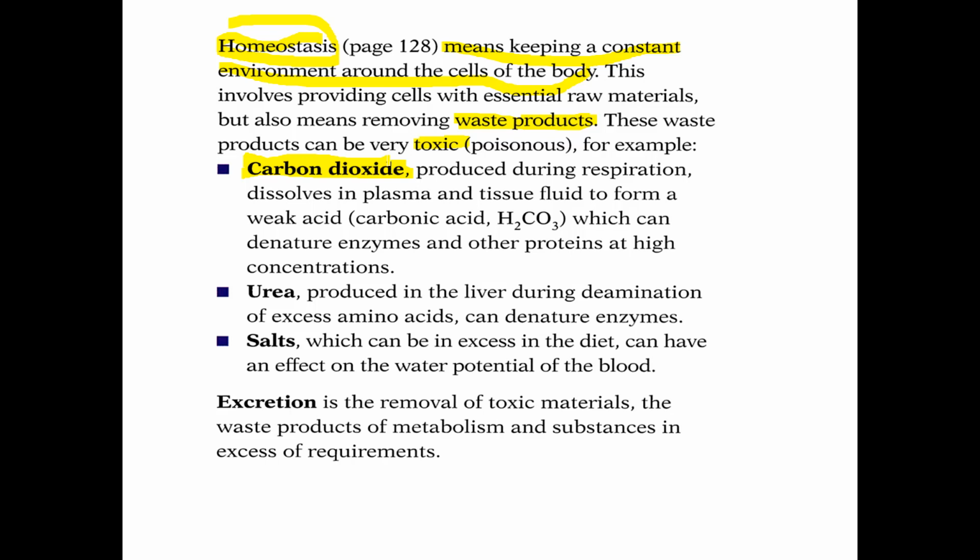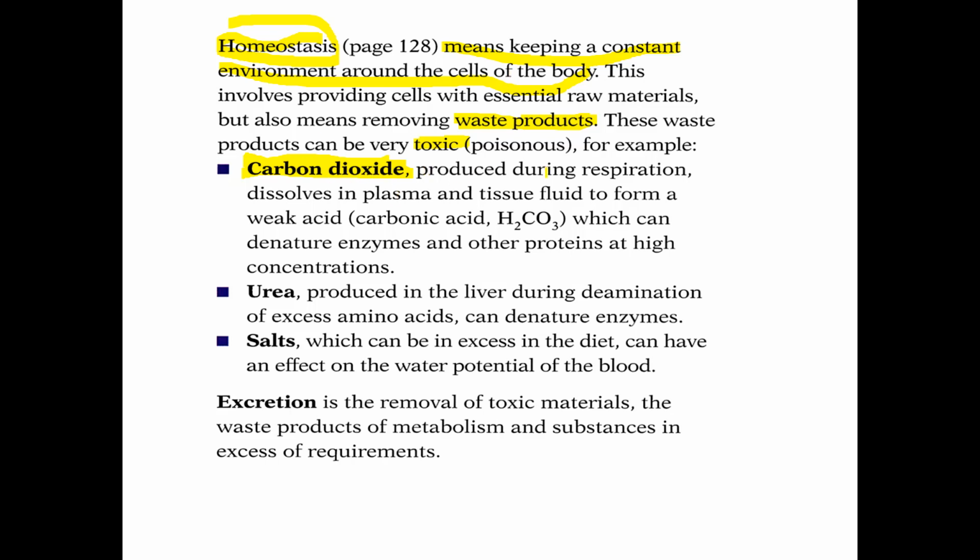All of us know, when we respire, when we breathe, our cells take oxygen, use it, then produce carbon dioxide. So here, carbon dioxide is the first example of waste product.